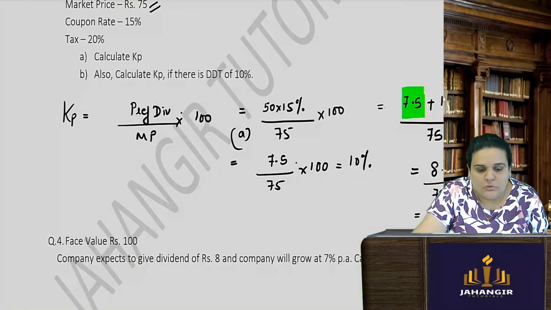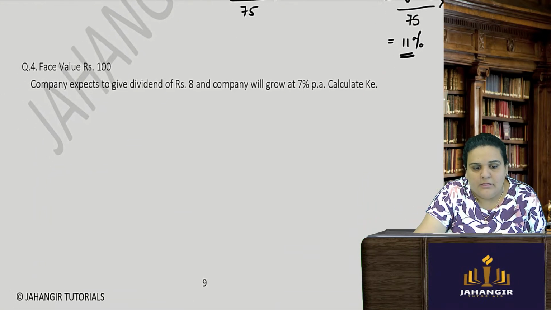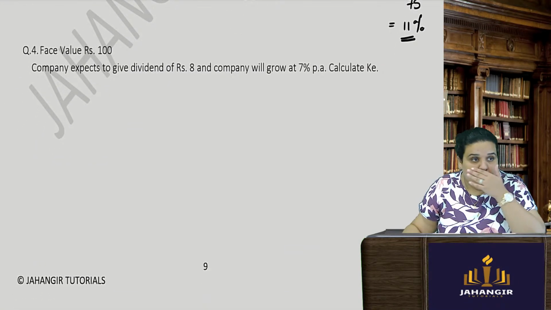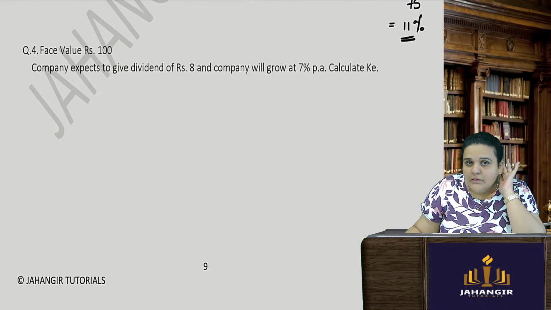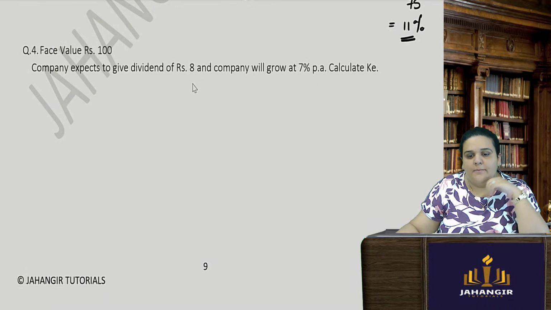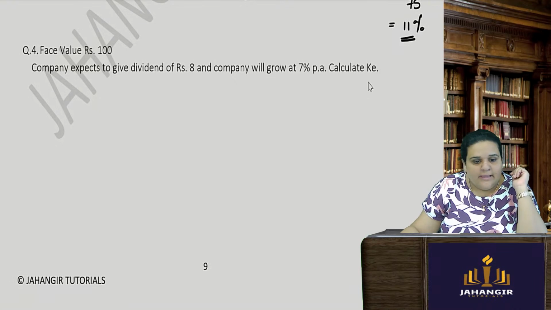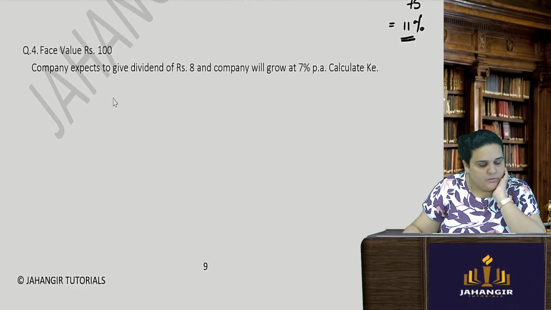So this is about the preference shares. Now, KE. Face value is 100. Company expects to give a dividend of rupees 8 and company will grow at 7% per annum. Calculate KE.